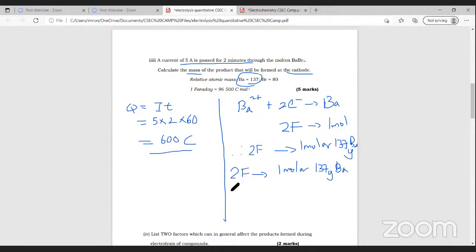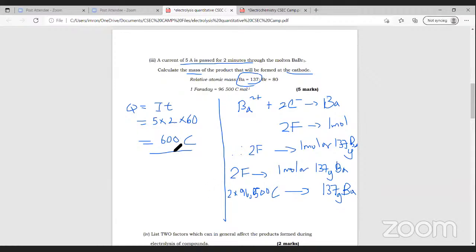Now 2 Faradays is 2 times, if we convert the Faraday to coulombs, 2 times 96,500 coulombs, which produces 137 grams of barium.